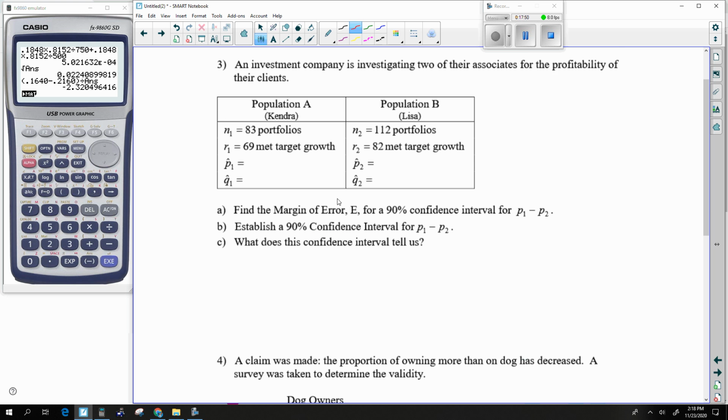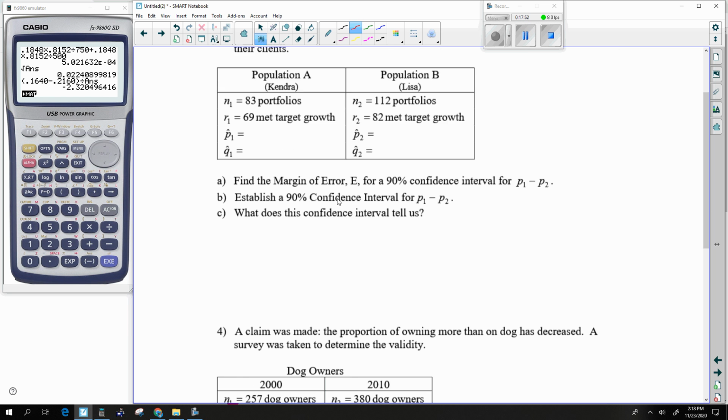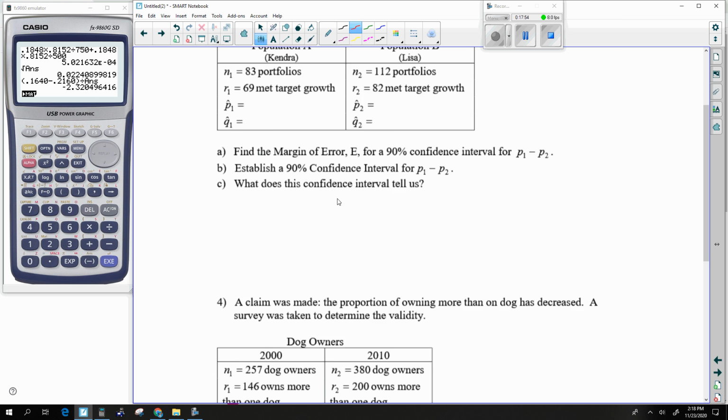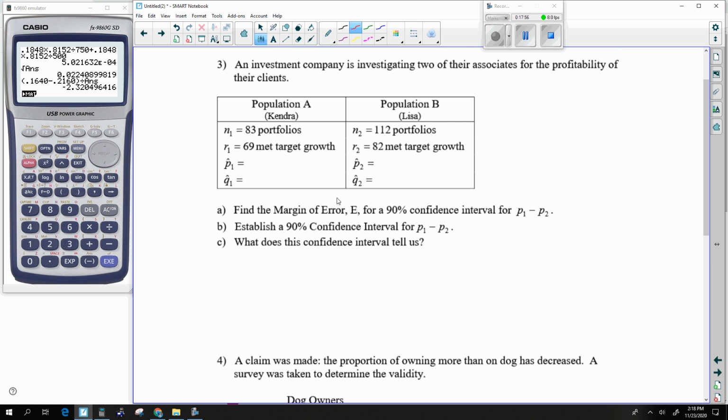All right, here we go. So we got, again, another confidence interval and then a hypothesis test down here. So again, p hat is r divided by n, q hat is 1 minus p hat, and then we need a ZC in this situation, and that is coming from a confidence of 90%.